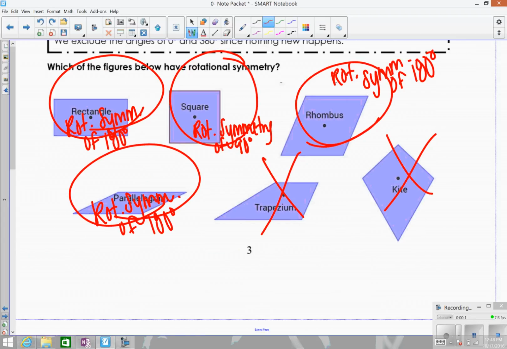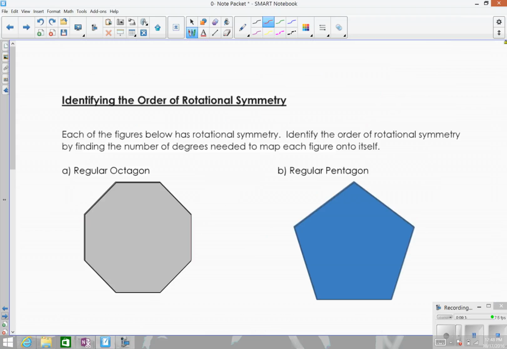So then the last thing we're going to look at is how do you find the degrees in rotational symmetry, because you're not going to always be able to take the figure and rotate it. So what you can do is look at the center of rotation, or where you're actually rotating from, which is right in the middle of the figure.